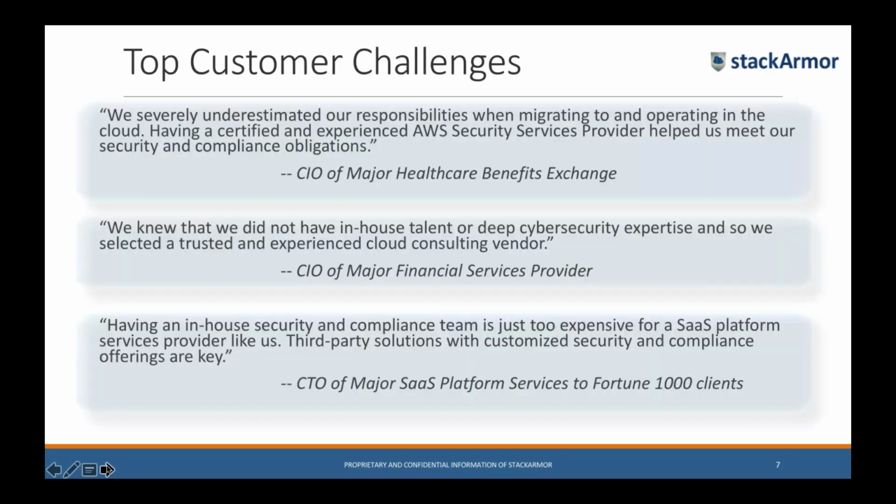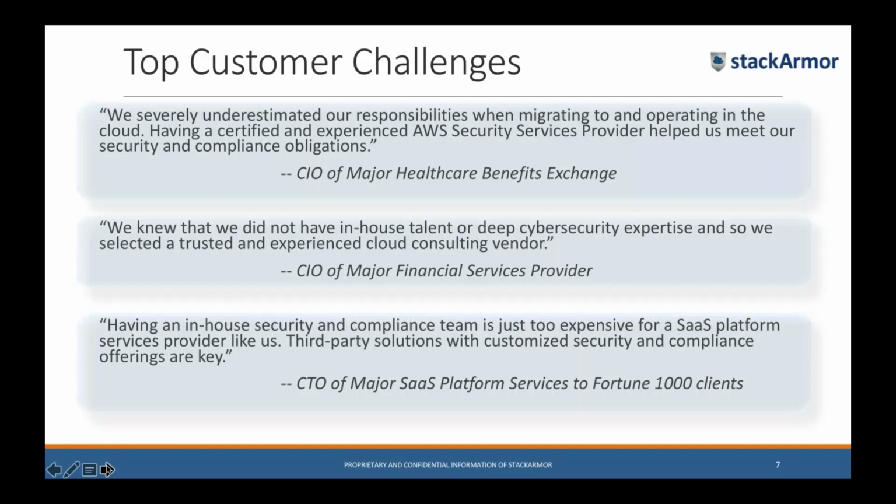As I talked about, it is interesting to see a lot of our customers take the dip of their toe and move into the cloud. But some of the top challenges that we've heard again and again are these: while platforms like Amazon EC2 are very powerful and offer a lot of tools for self-service and for allowing us to be successful and secure, many times customers underestimate what it takes to not only do the migration, but also make sure that security best practices are followed.